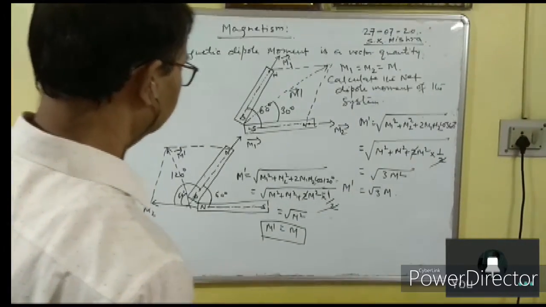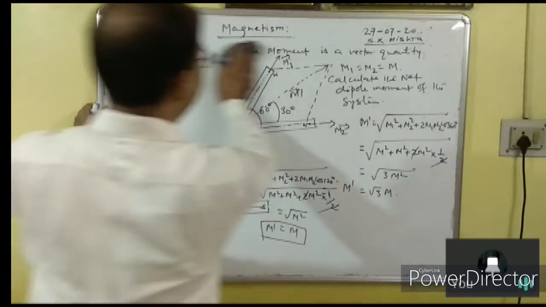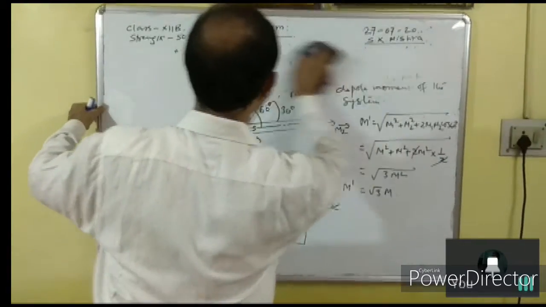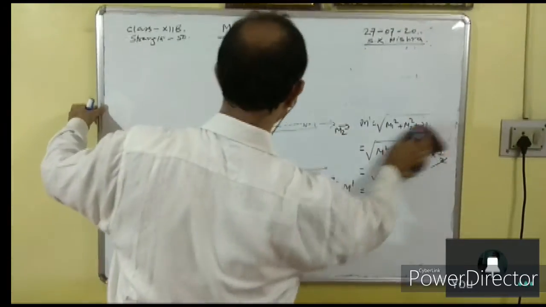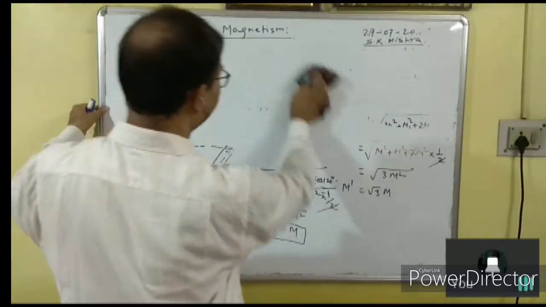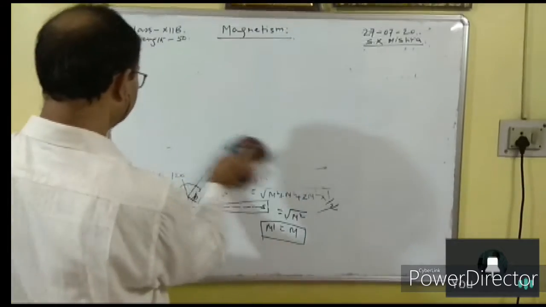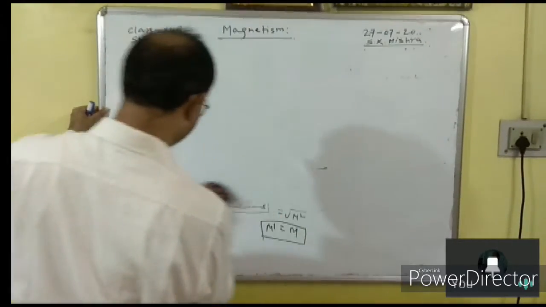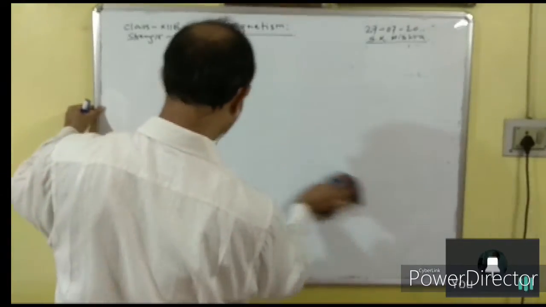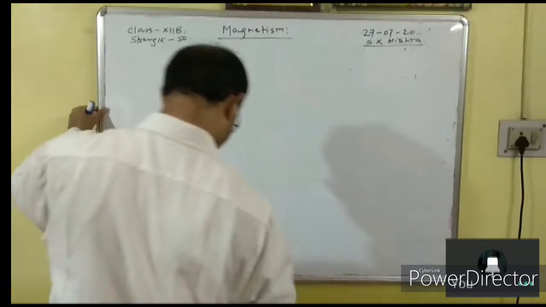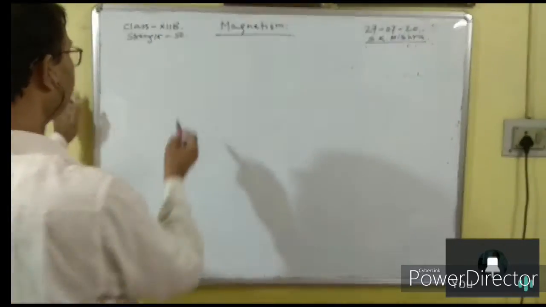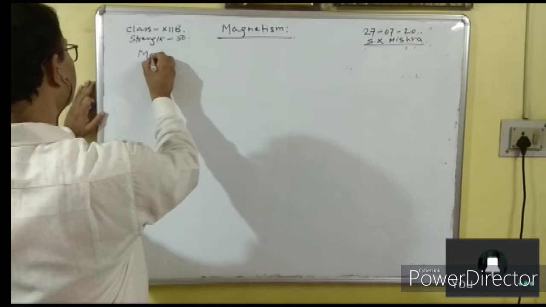Here also this is given by completing a parallelogram. Just complete a parallelogram, and then the resultant m dash will be given this way. So this is the direction of m dash.